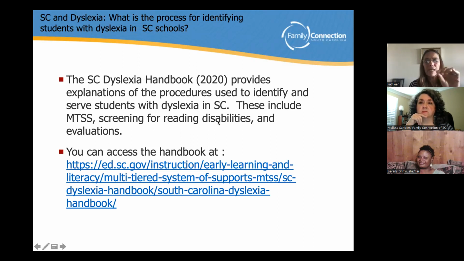In the state of South Carolina, we involve specific screening for reading disabilities, comprehensive evaluations, and something called MTSS, which is multiple tiers of support, which is that response to intervention, RTI piece that you may have heard about.